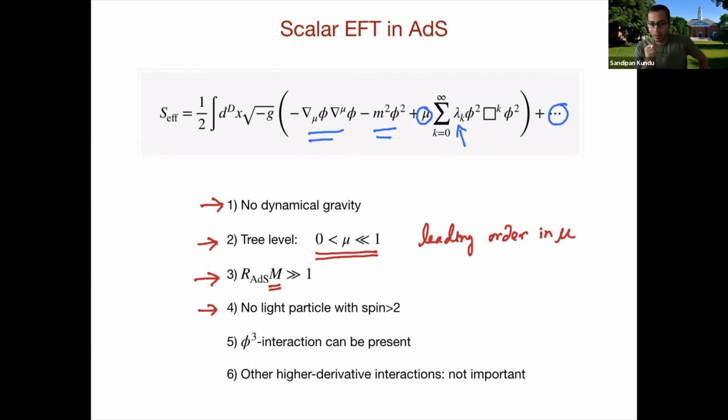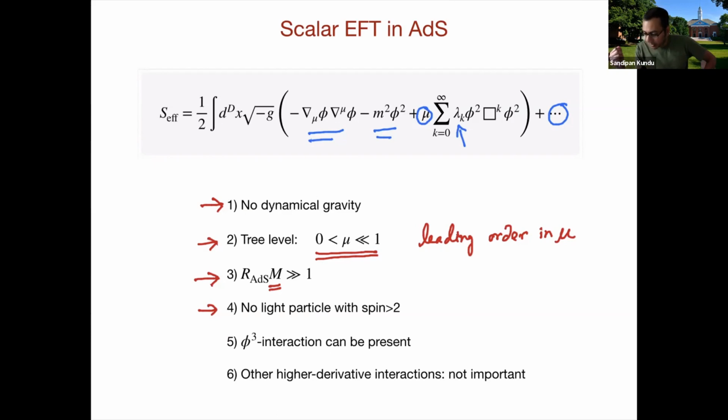First I'm going to discuss the case where m square is non-zero just to show you something. But in the argument, I don't actually care; I can take m square to be negative, because it's in AdS. Depending on how you choose your m square, you might get a different set of bounds, but in principle you can study all these limits.